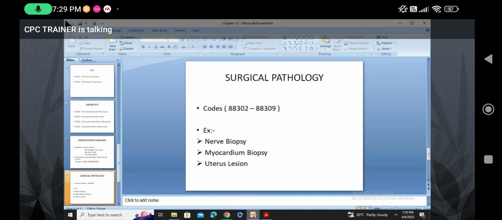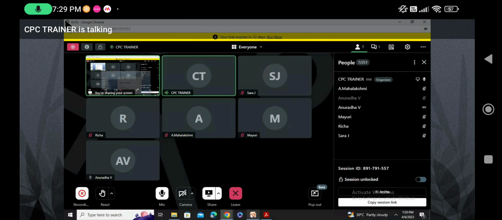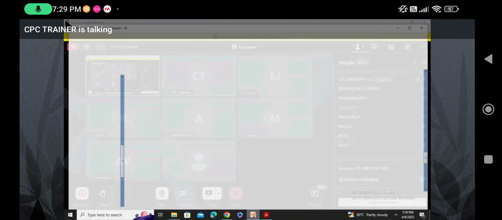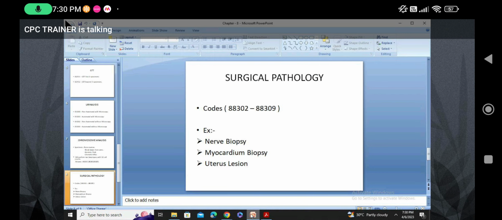And the last one is surgical pathology, guys. Please note down, the last one is surgical pathology. Surgical pathology is also a very easy topic, guys. Please note down the code sets.